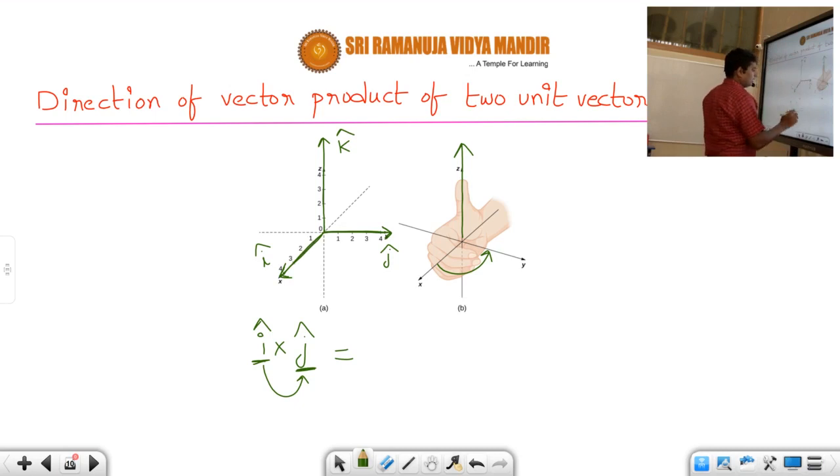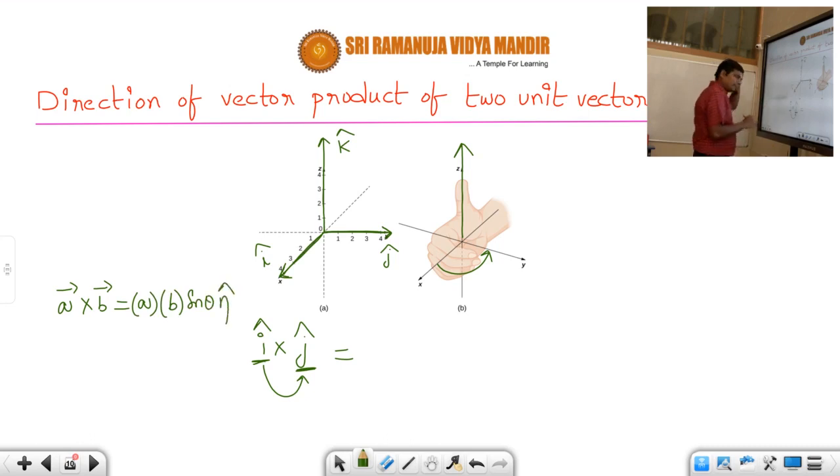k cap. Anyway, according to the formula, what is the formula for A bar cross B bar? A bar cross B bar is equal to magnitude of A into magnitude of B into sine theta into n cap. Now what is the magnitude of unit vector i cap, students? 1, into j cap, that is also 1, into sine of the angle between these two, students?